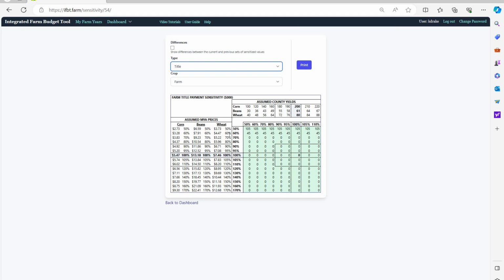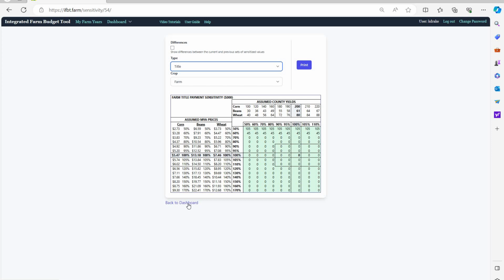You need a 60% decline in price to trigger payments, and they would produce $45,000 in payments, and a 50% decline would cause us to be $105,000. You can see that's pretty far away. That would be a very, very large decline in price, and so it's unlikely that payments will be made under PLC, but you can see the dollar amounts and what it would take to trigger those prices.